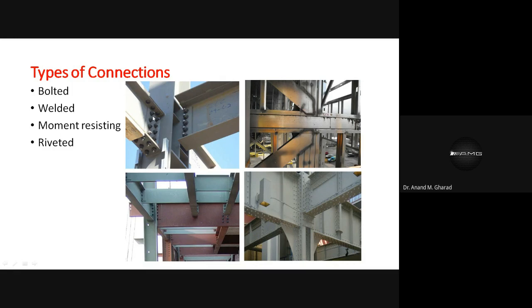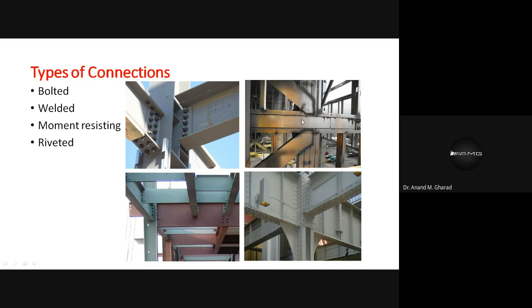Now, what are these? Typically they are known as bolts. So these bolted connections can be seen in picture one. Over here you can see there are various components which I will be describing later on for the bolts. Okay, so this is a bolted connection. This second one is a weld connection.